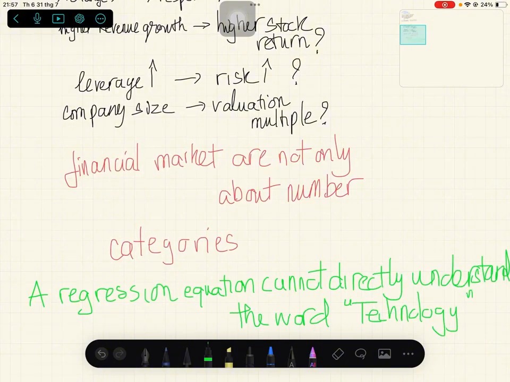It needs numbers. This is where dummy variables enter. A dummy variable converts qualitative information into a numerical format that a regression model can use. Think of it as translating business characteristics into a language that a statistical model understands.